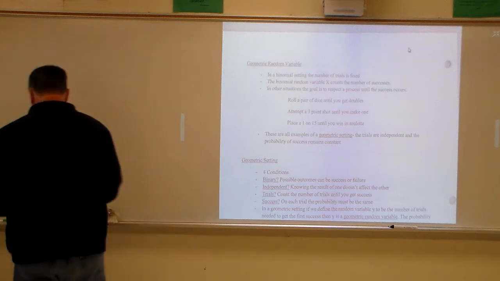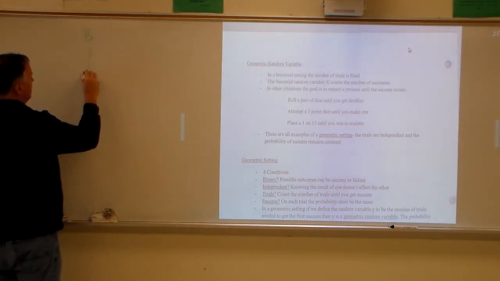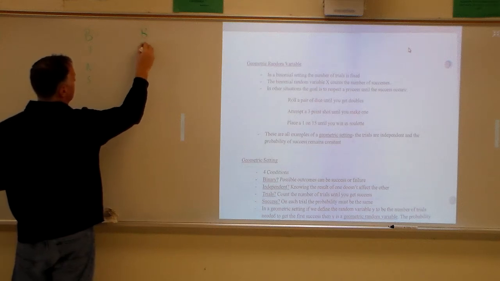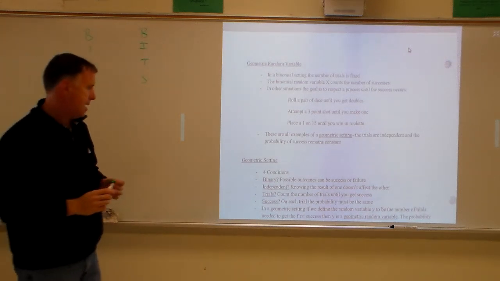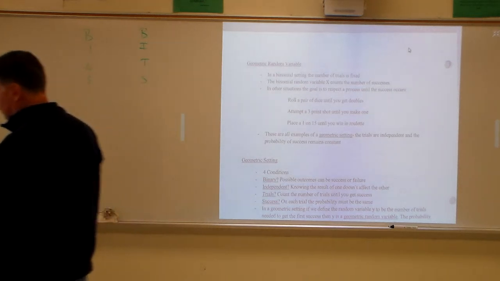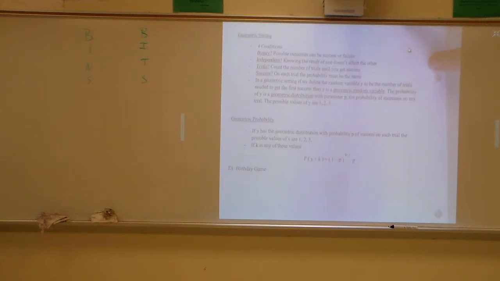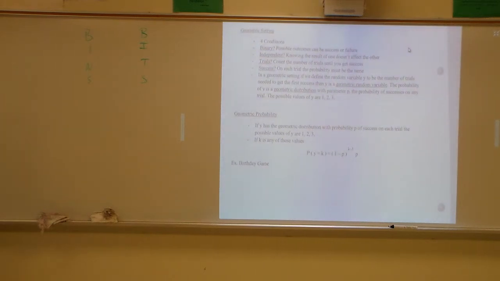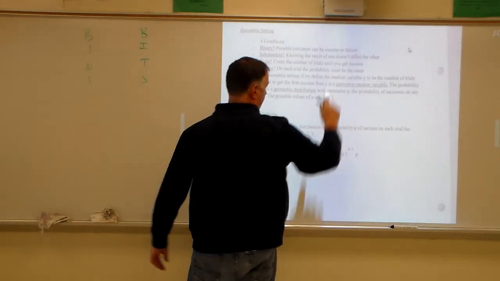Okay, the difference is instead of using bins, we are going to use bits. Bins and bits. Okay, kibbles and bits. So here's the explanation of bits. Here are your four conditions. Binary, the same. Success or failure, okay?